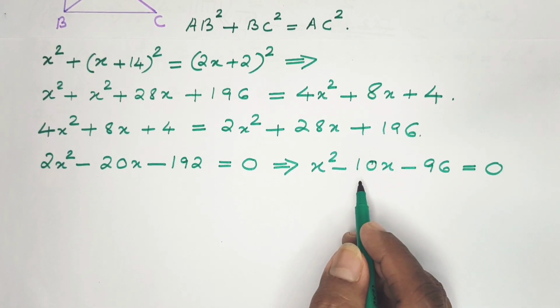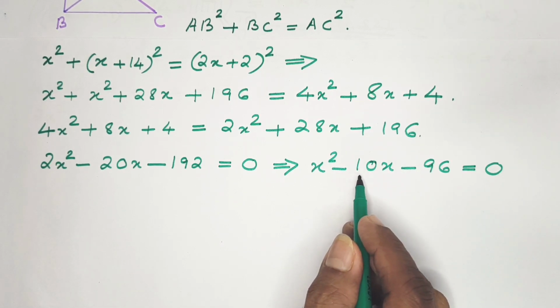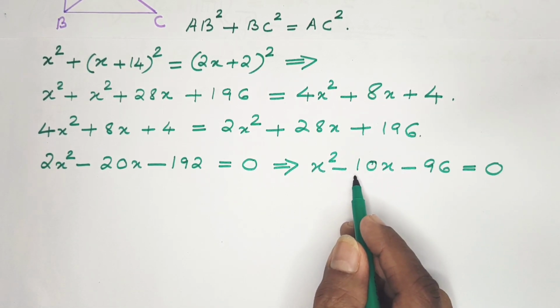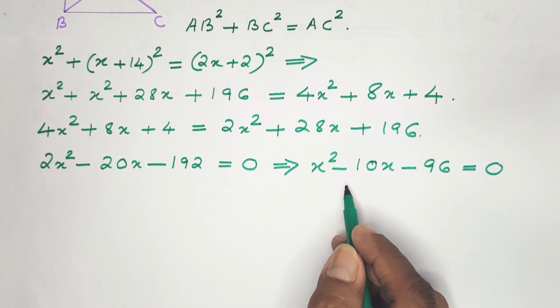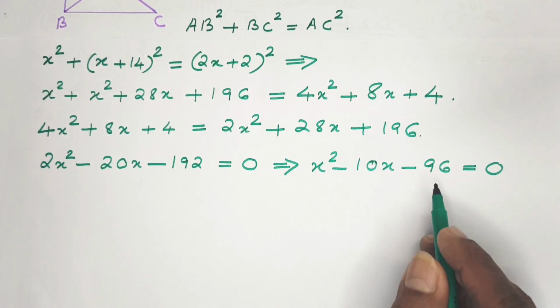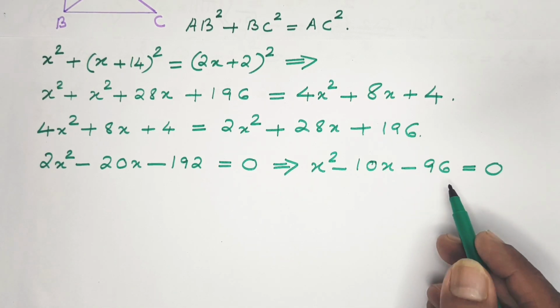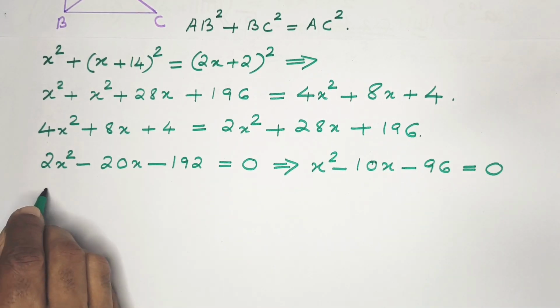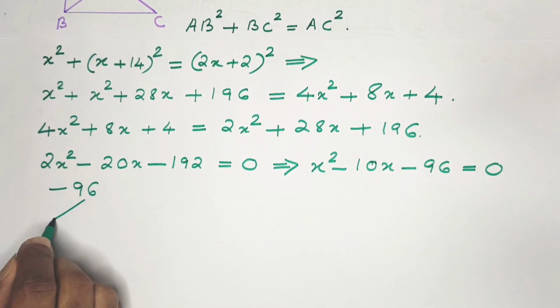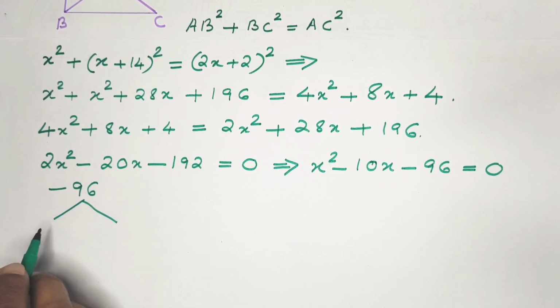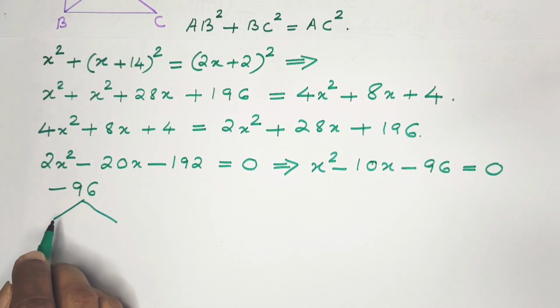You take the middle term whose coefficient is minus 10. We will split this number, minus 10, into two numbers such that their sum should be minus 10 and the product should be minus 96. Let me factorize 96 into two numbers so that their product is minus 96.